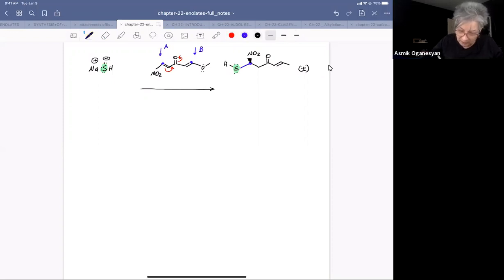Let's see what we can come up with. Let's see if we can predict the product of this reaction.